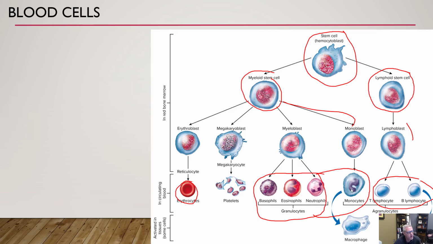So 4 out of the 5 white blood cells are going to come out from this myeloid stem cell. And we can see that platelets come from it as well. So your myeloid stem cell is going to give rise to monocytes, neutrophils, basophils, and eosinophils, platelets, and erythrocytes. So lymphoid stem cells are basically going to give rise to lymphocytes.